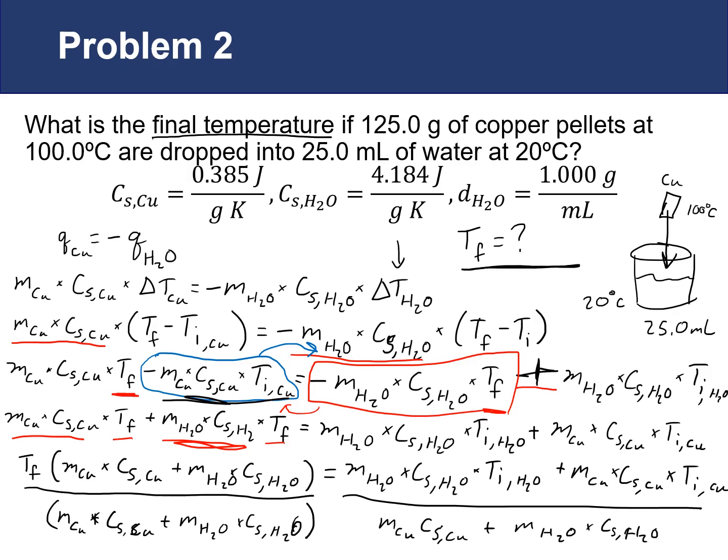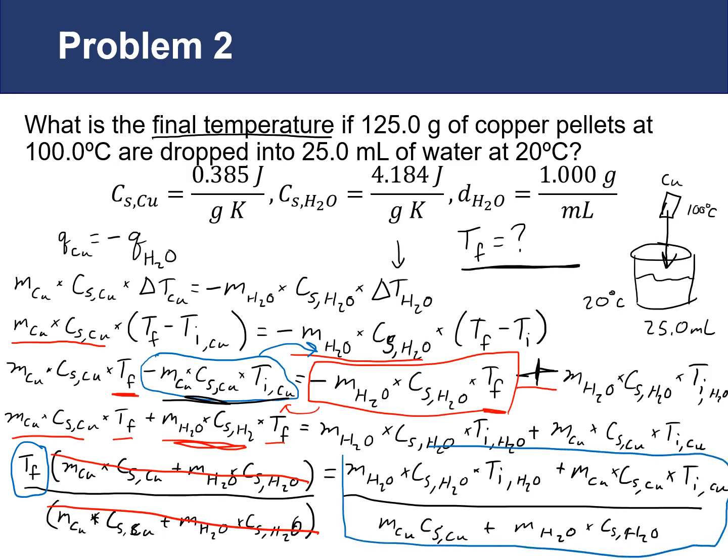On the left-hand side, everything in the parentheses on top is canceled out by the stuff on the bottom. So we're left with what we want, which is an equation for our final temperature in terms of values that we have. It's a lot of numbers, but we have all of them.